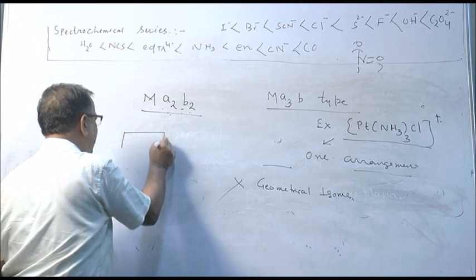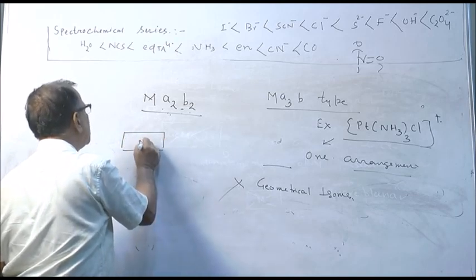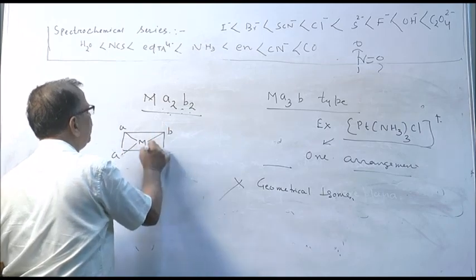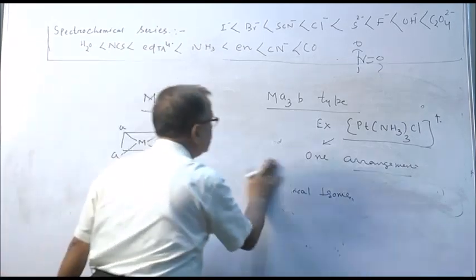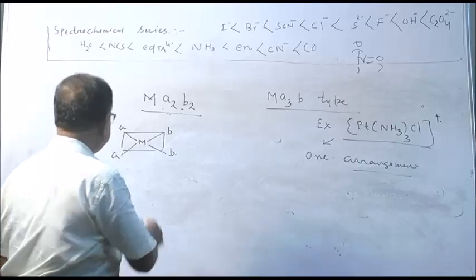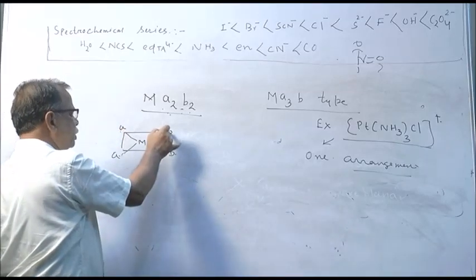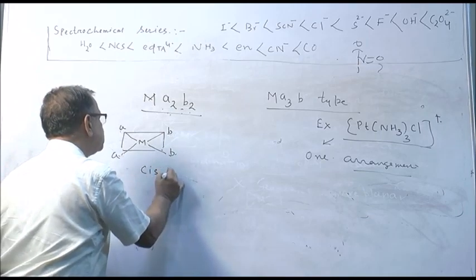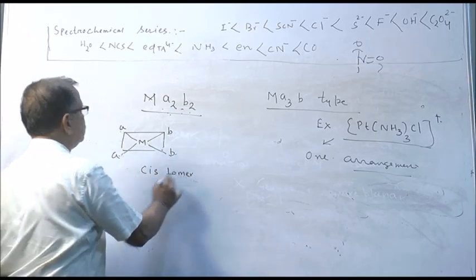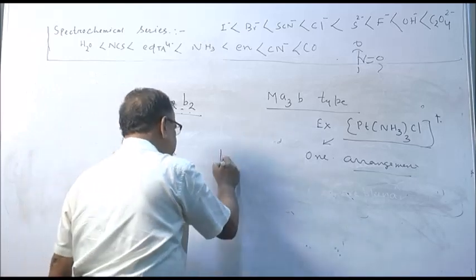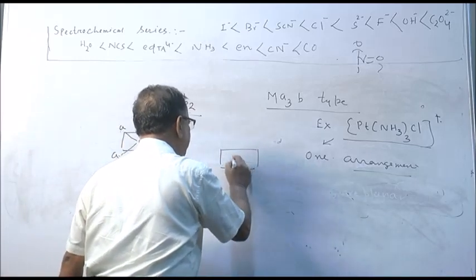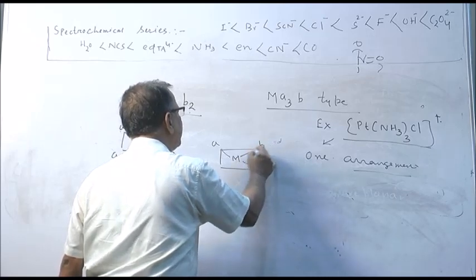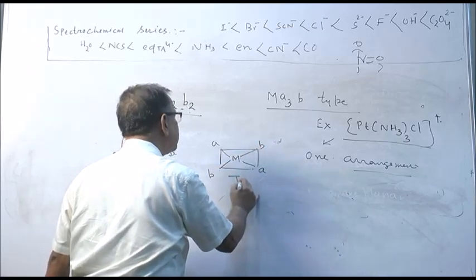We get M, A, B B. So this A remains same side, B B remains same side. So this is called cis isomer. And this M, opposite direction, M A, B B. This is called trans isomer.